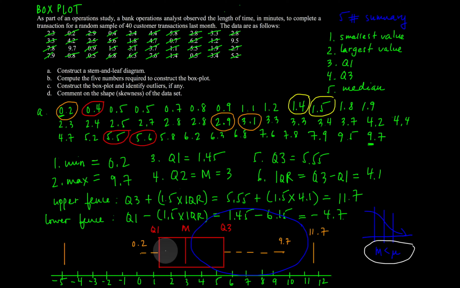You would have the same length between Q1 and the median, and between the median and Q3, and the whiskers would be identical. But this is not the case here, as you can see. And so the graph for a left skewed box plot would be the other way around. You would have a higher concentration of data on the left-hand side, pulling the data towards the left, right?